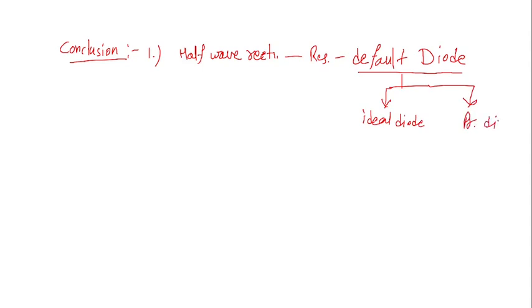Okay, so in the ideal diode, if you want to create the ideal diode, the command would be .MODEL, here the variable name D, bracket R on.